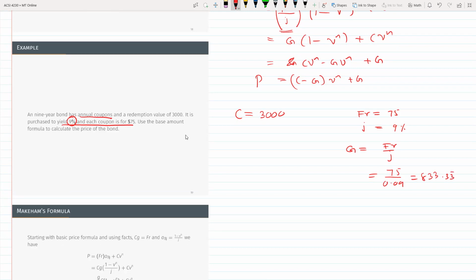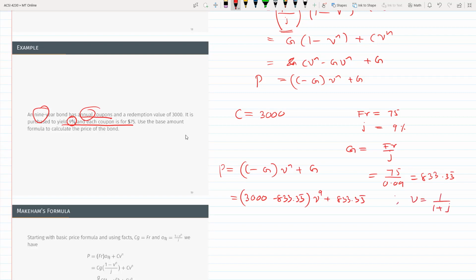Use the base amount formula, calculate the price of bond. So I can calculate the price of bond. P is C minus G, VN plus G. C is 3,000. G is 833.33. VN, how many years? 9 years, and this is annual. Okay, so V9 plus G is again 833.33. Then what's V? V is 1 over 1 plus J because it's annual yield.